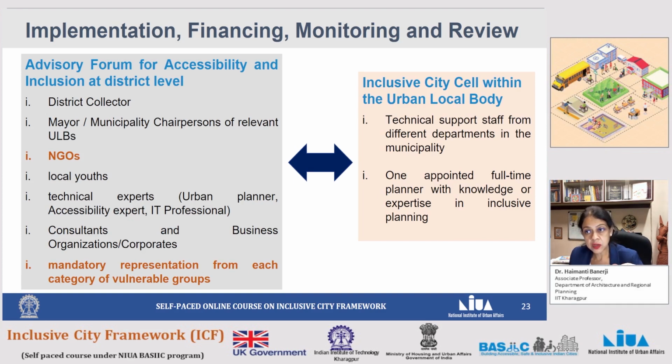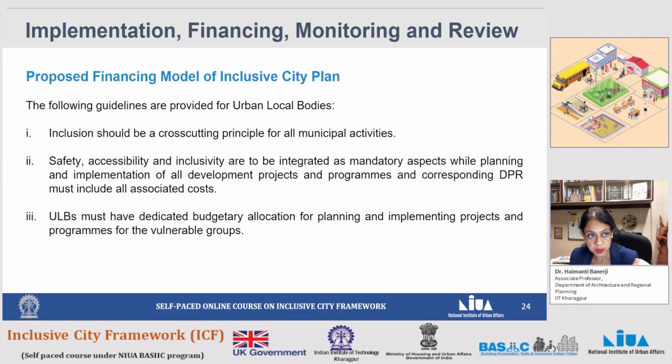Regarding financing, it is recommended that inclusion should be a cross-cutting principle for all municipal activities, and ULBs must have dedicated budgetary allocation for planning and implementation of projects and programs for the vulnerable groups. So these are the financing guidelines.